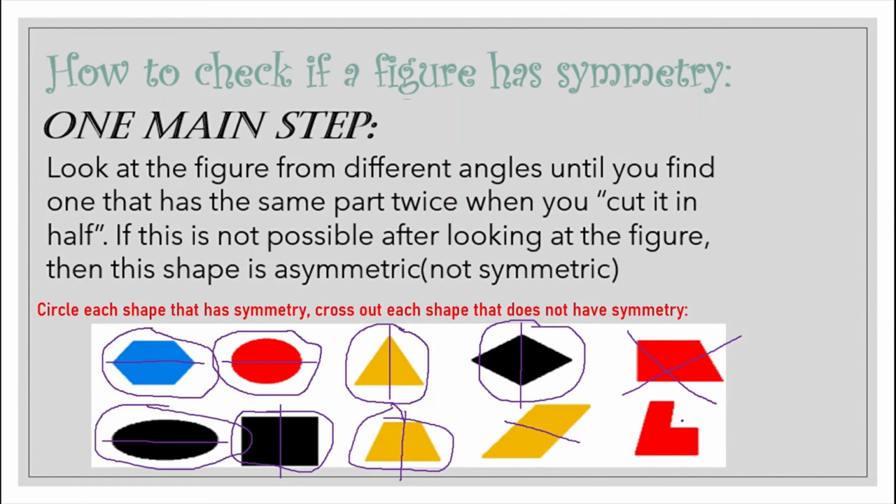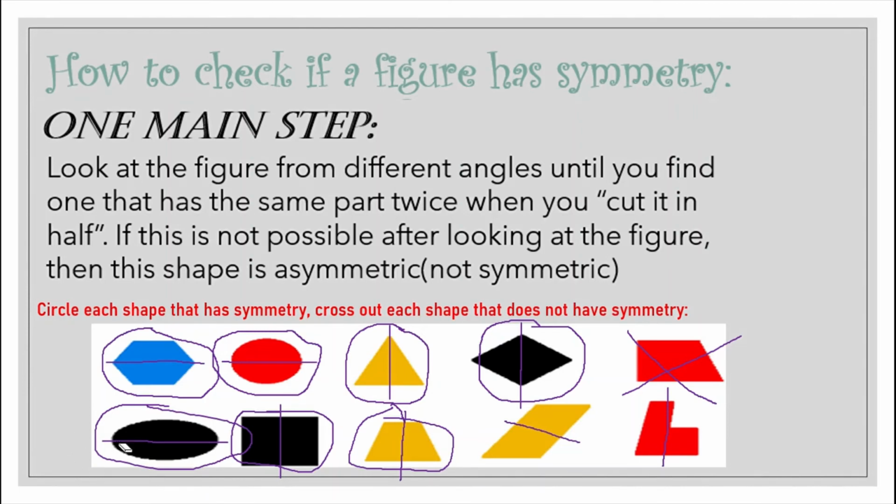This one, it seems like it doesn't have symmetry, guys. But, look. You can do it like that. So don't just, okay, let's say for example, we decided to try over here. No, this one's sort of a square, and this one's just a rhombus.